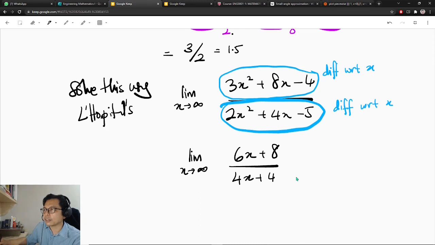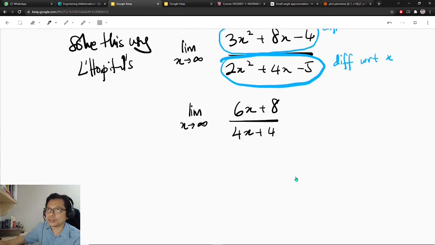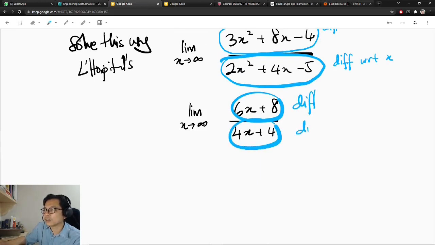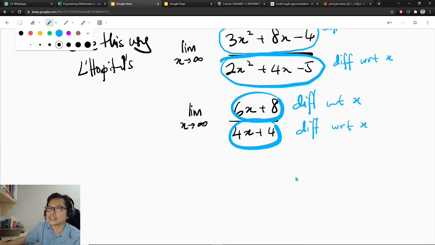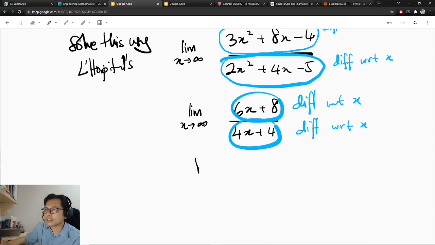Now, we can actually do the differentiation again, both with respect to x. Do it again until you get something that you can work with.